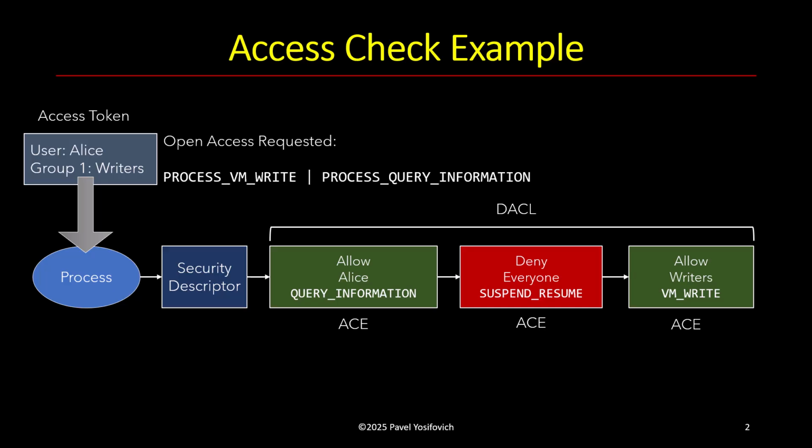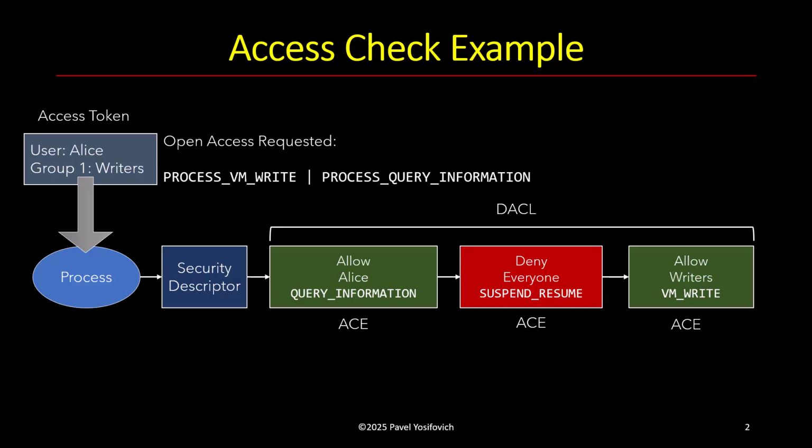And the DACL is comprised of multiple access control entries, or ACEs, each one indicating, using three parameters, something about the object. So we have allow or deny, the actual user or group that this applies to, and the actual setting, the actual access that it is referring to.